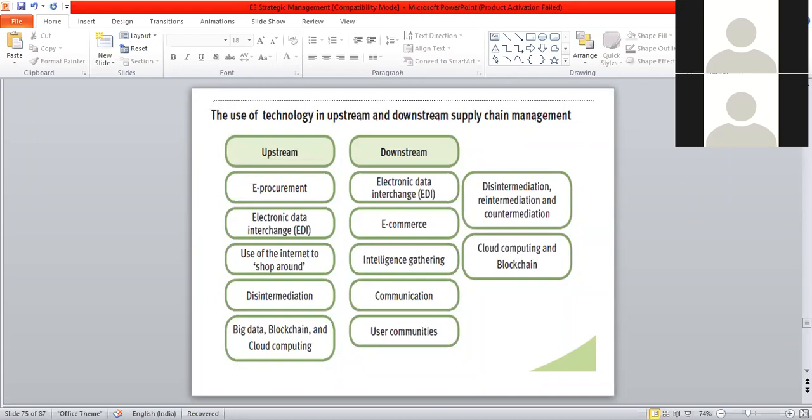Are you aware of what is electronic data interchange?